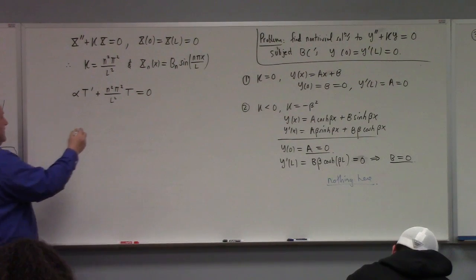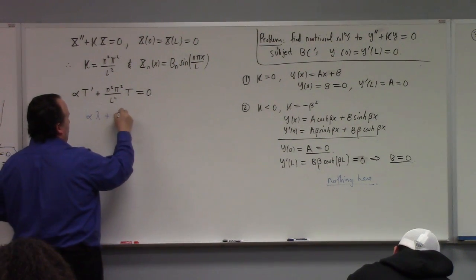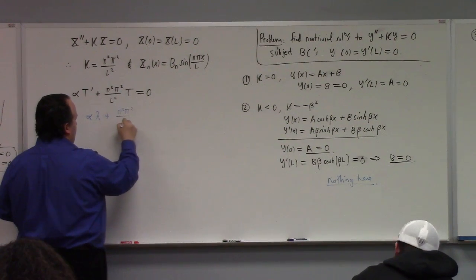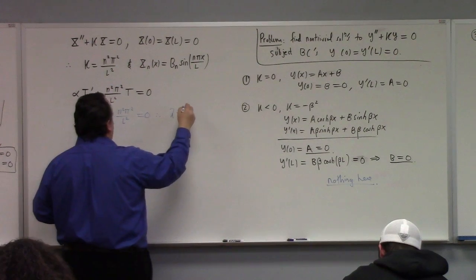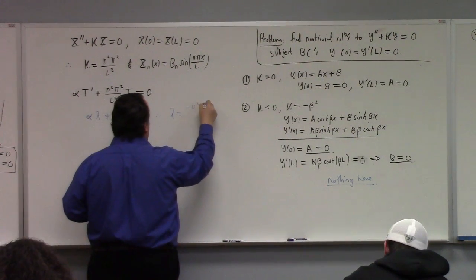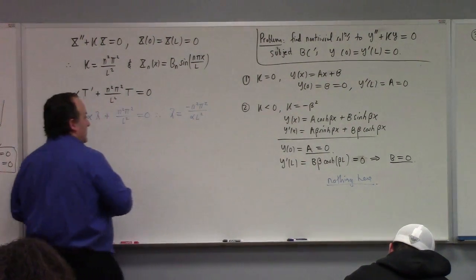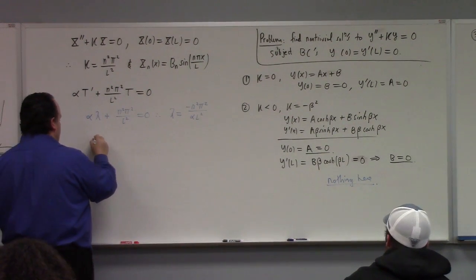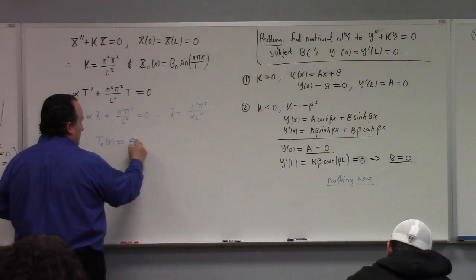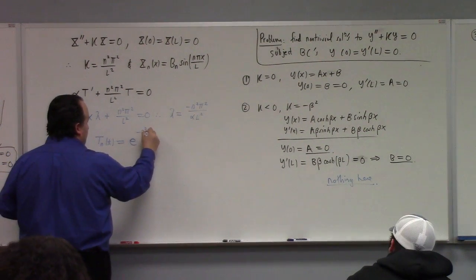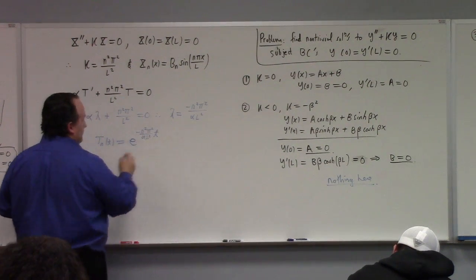This gives me the characteristic equation alpha lambda plus n squared pi squared over L squared is equal to 0. Therefore, lambda is simply minus n squared pi squared divided by alpha L squared. And hence, my temporal solution, T_n of t, I can simply write as the exponential of minus n squared pi squared over alpha L squared times time.